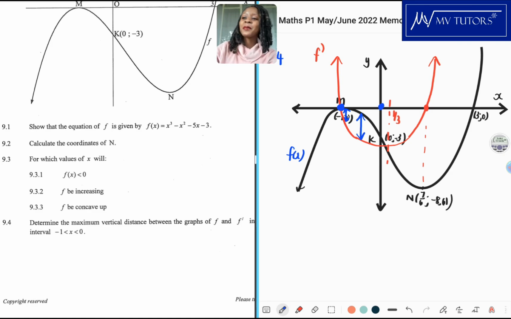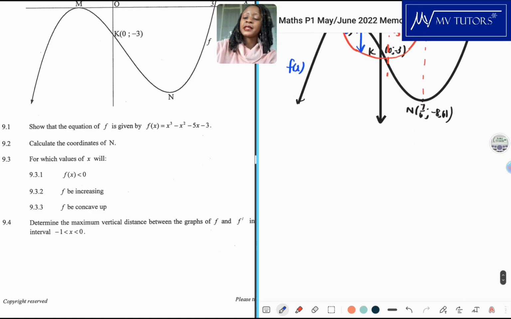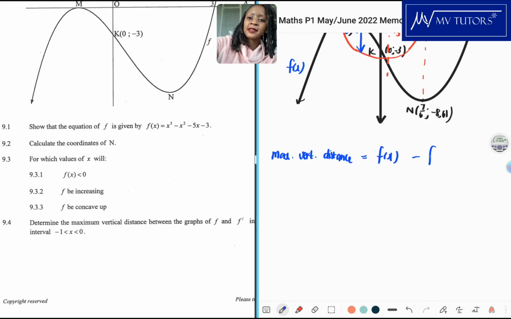So for me to get the maximum vertical distance, I will then say it is f of x minus f prime. And we have those two equations.